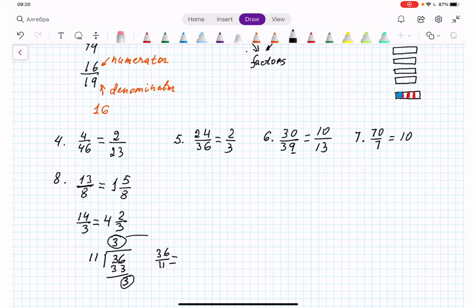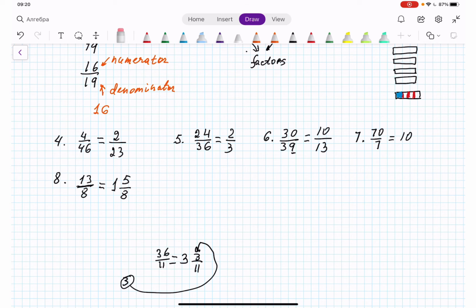But this 3 comes here as a whole number, and this 3 comes as a numerator. 3 over, what is that? 11. Okay? This is how you convert into a mixed number, a mixed fraction. Okay. Question number 9.